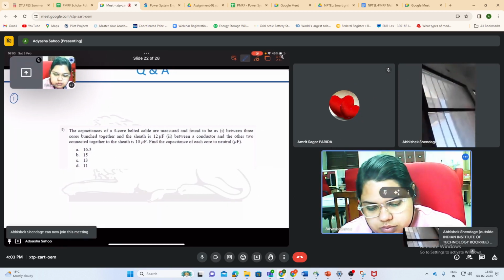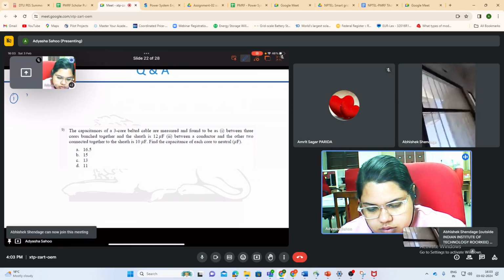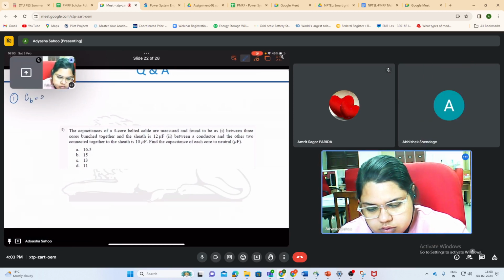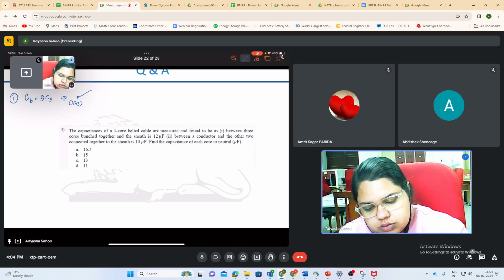If you remember the diagram, all 3 conductors are bunched together and you are measuring the capacitance between this and the sheath.